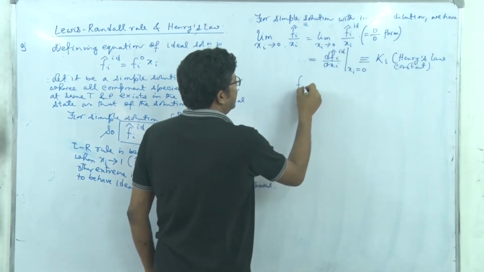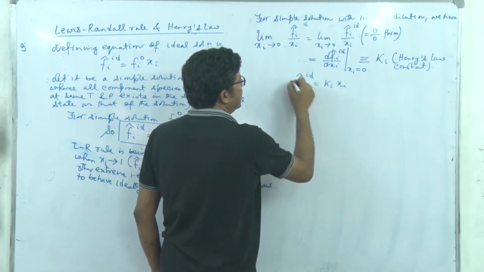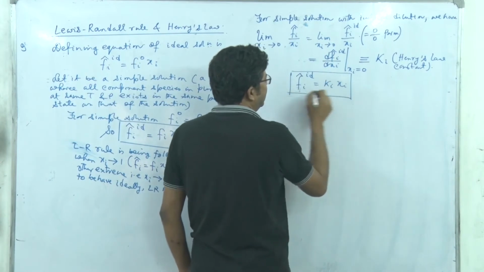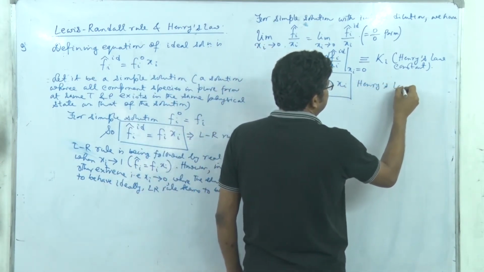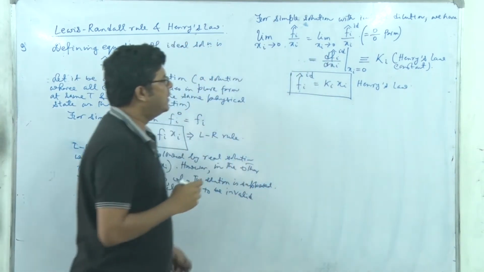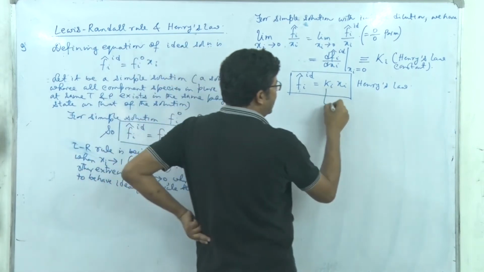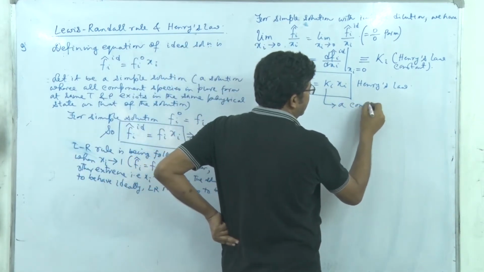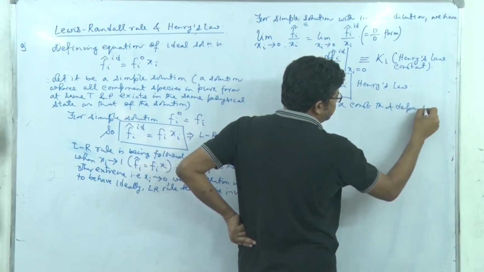So we write Fi cap id is equal to Ki xi. Whenever we are writing it, it becomes Henry's law. Now you see, this Ki is a component specific constant, a constant that depends on the component.